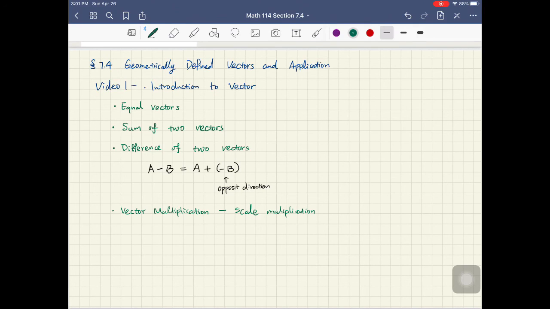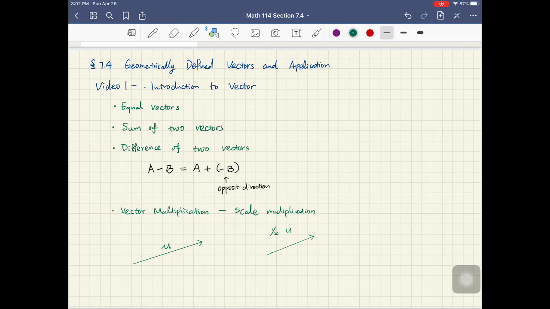So if I have a vector, for example this one, and I say this is a vector u, then I can find 1/2 of u by just drawing exactly the same thing, but half of it.